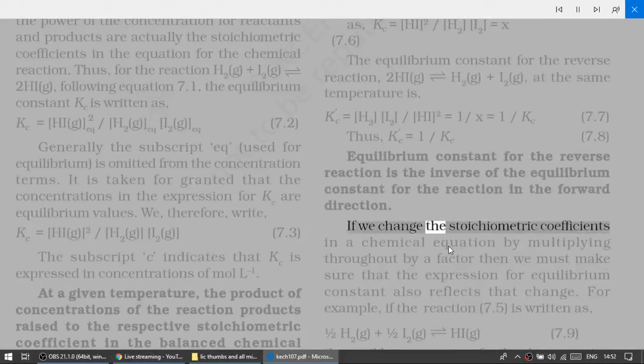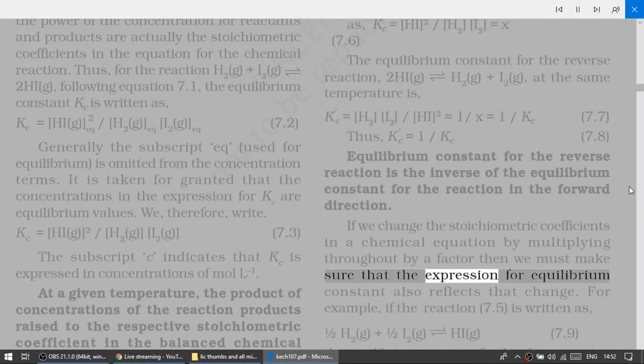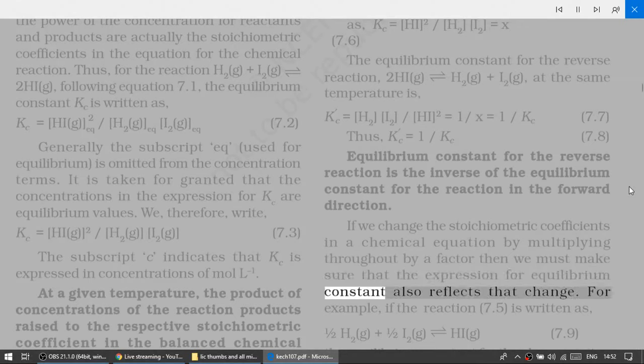If we change the stoichiometric coefficients in a chemical equation by multiplying throughout by a factor, then we must make sure that the expression for equilibrium constant also reflects that change.